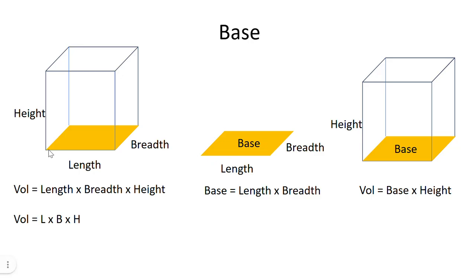The base is basically the bottom piece here. So it actually comprises only the breadth and the length. If you say the base is 10 centimeters square, it simply means the length and the breadth of this object multiplied together is 10 centimeters square.